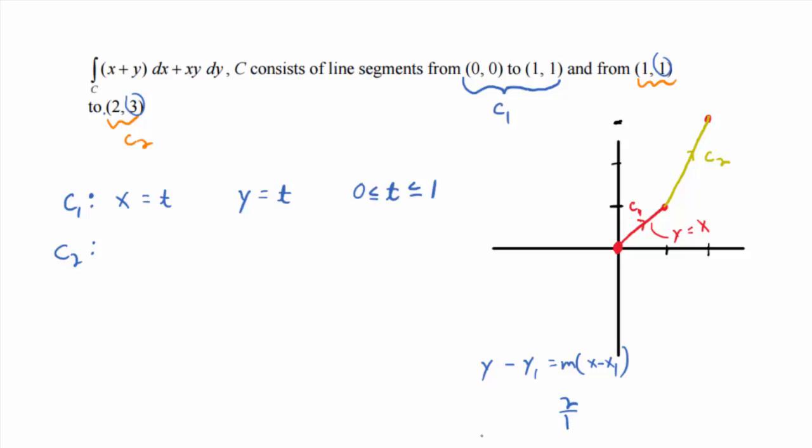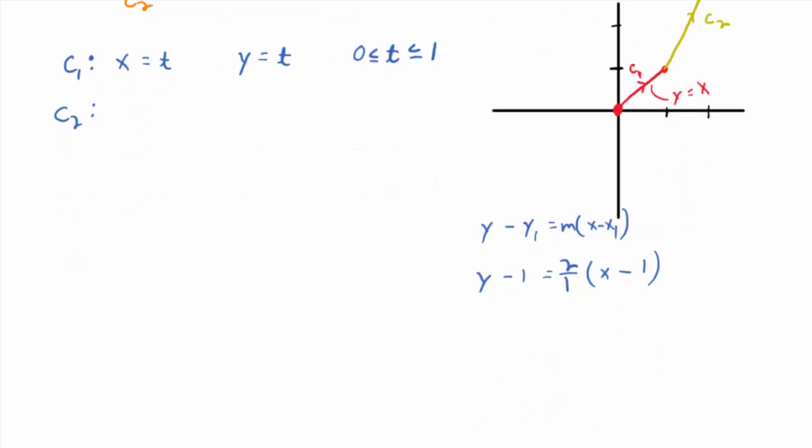right? And then let's call 1, 1 my x1, y1. So this would be y minus y1 equals m, which is 2 times x minus x1, which is 1. Everybody see that? So this is y minus 1 equals 2x minus 2 if I distribute this 2.